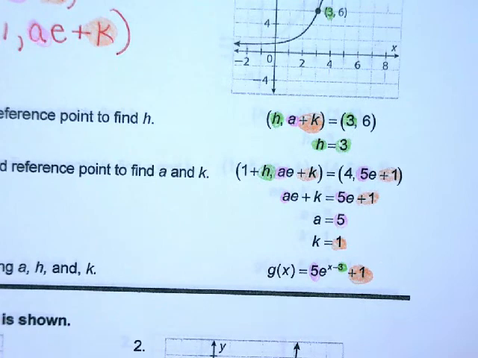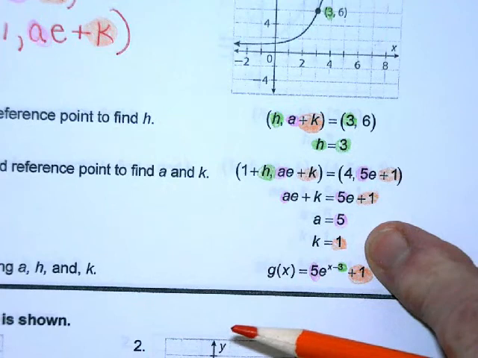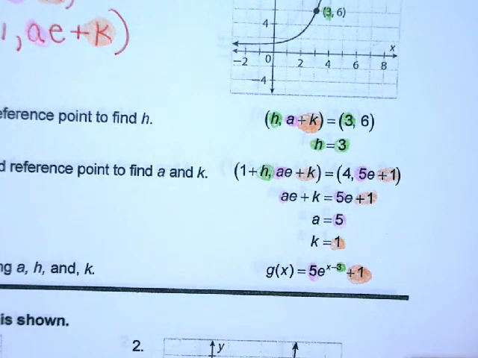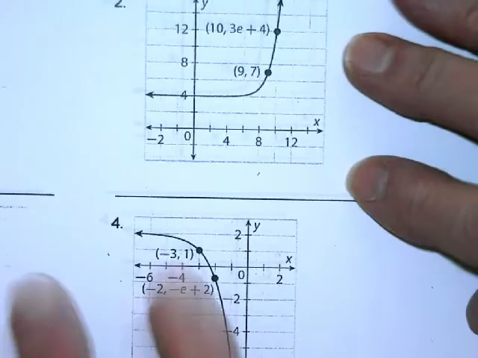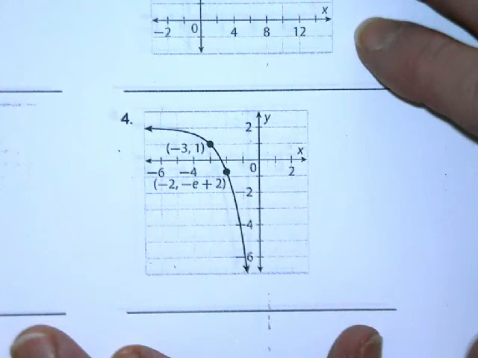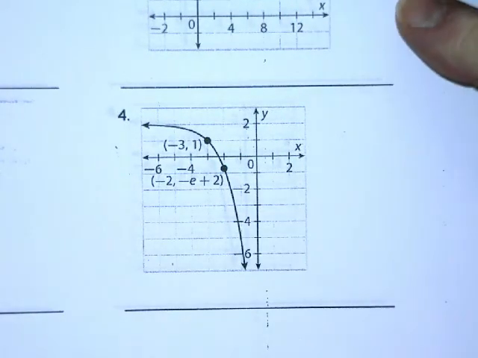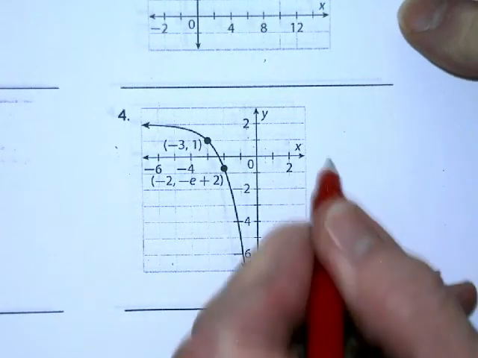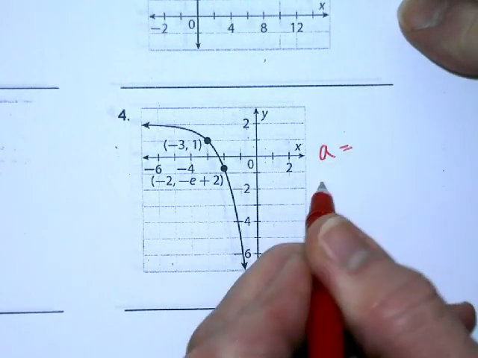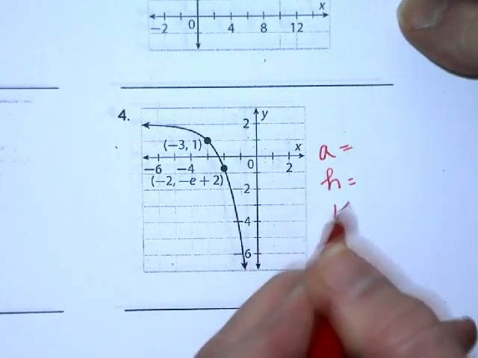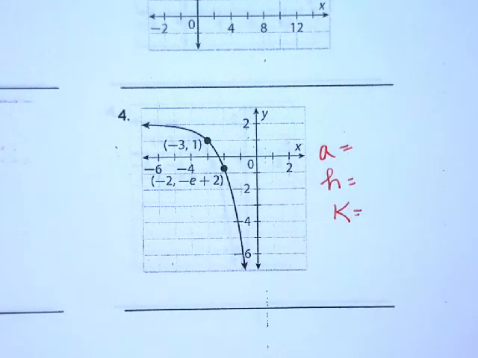So what's going to help us on the homework? They'll give us this. We've got to pull out a, h, and k to find the graph. We'll just go ahead and do one if you don't mind here on number 4. We'll see from the graph if we can find a, h, and k. Then we can see where they live in the equation and we can go to the homework.